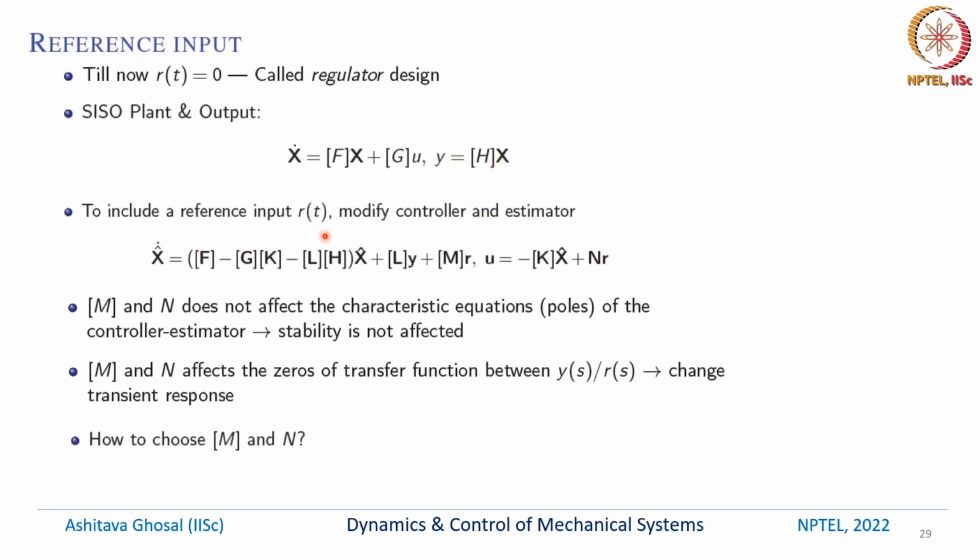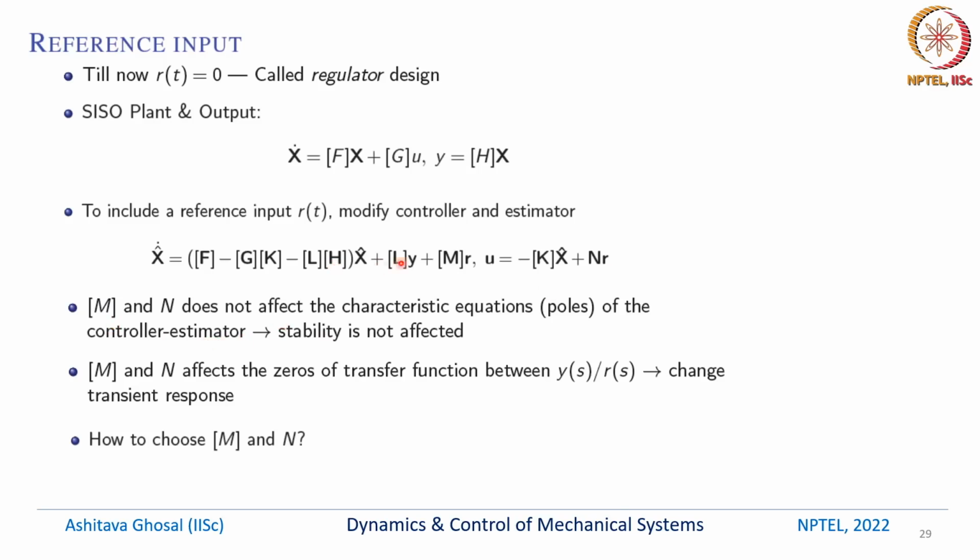To include a reference input, or r of t, we need to modify the controller and the estimator. So one way is to rewrite the estimator equation as x hat dot is (F minus GK minus LH) into x hat, and then we add this Ly and Mr. Previously, up till here, it was the estimator equation, but now we are adding this Mr. We can also modify u, which was minus K into x hat, plus something into Nr.